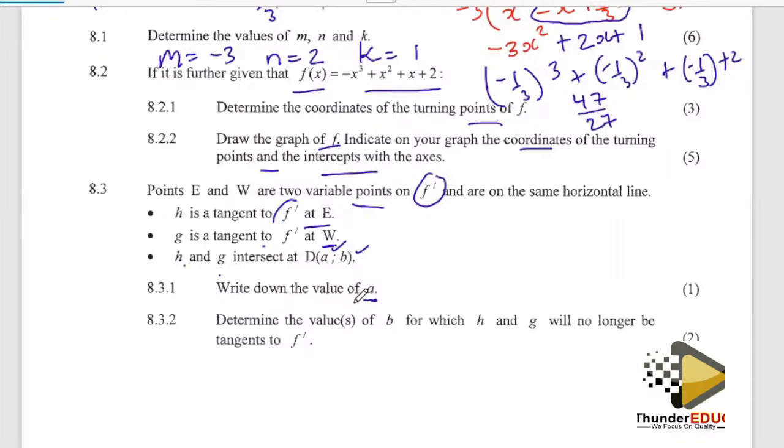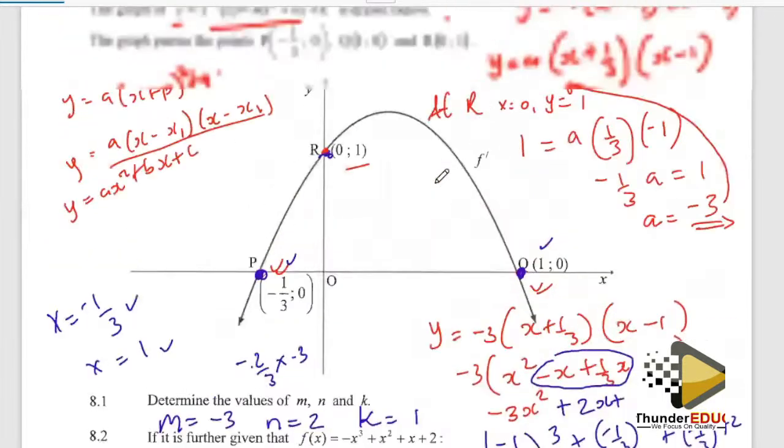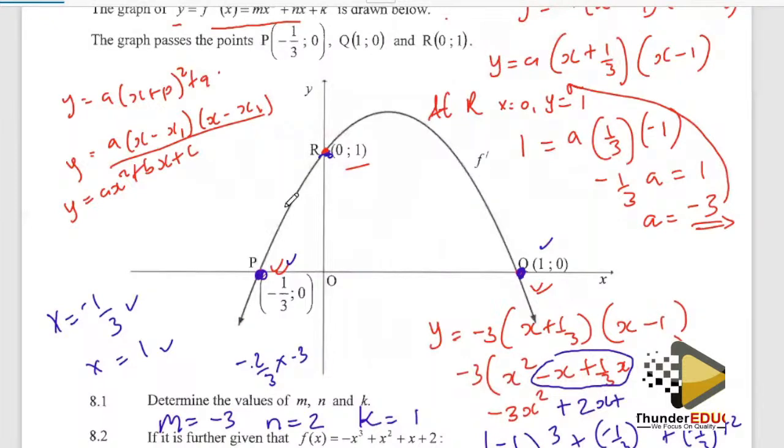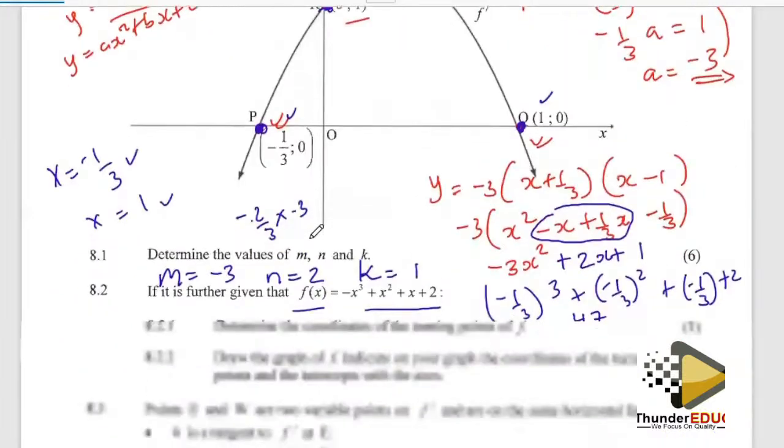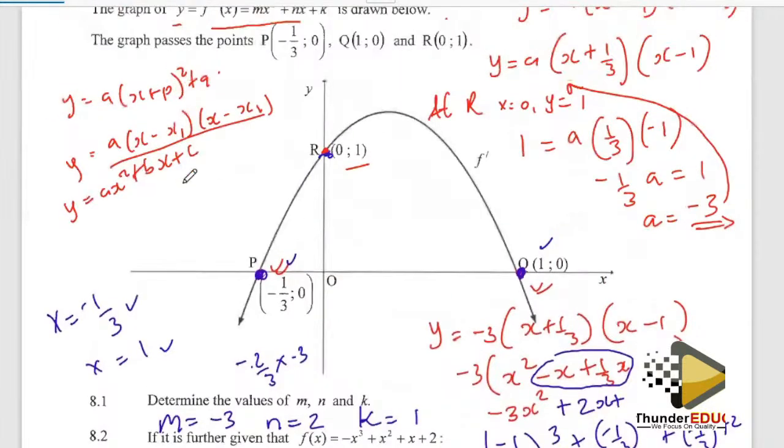If I can understand this question, points E and W are two variable points on this parabola, and they're on the same horizontal line. So if we have P there, they say E and W. Let me just assume I have this as my E, and then on the same horizontal line, I have my W. They are tangents, so these are lines that just meet the graph at one point.